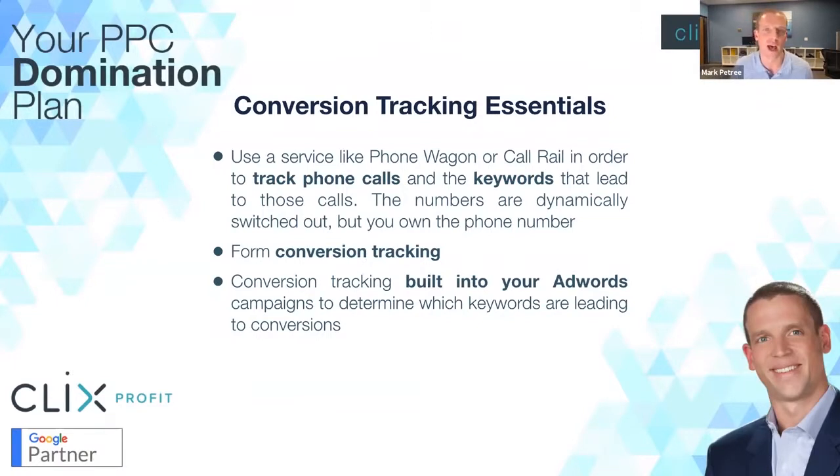So over time, a lot of my accounts that I run might have 100 or more, 200, 300, 400 keywords. And over time, you find certain keywords lead to a much lower cost per lead. Eventually you start finding keywords where the cost per lead is very high.